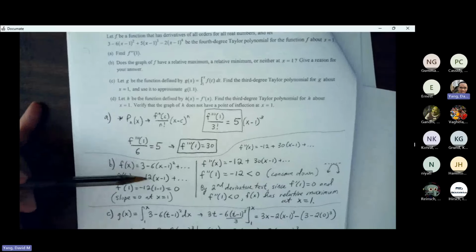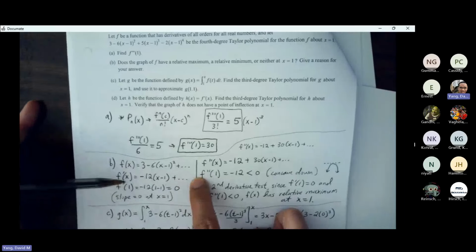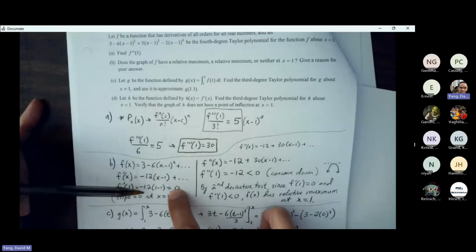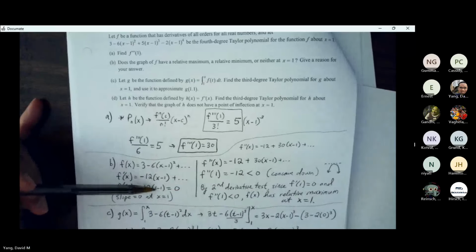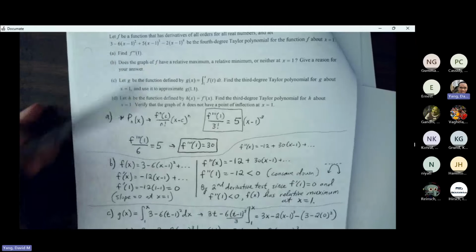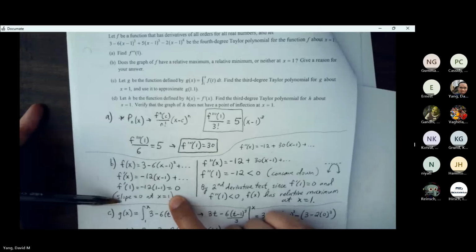F prime of x would be negative 12 times x minus 1 plus, okay, there are more degrees here. But if I were to plug 1 into f prime, I would get 0, because if I plug 1 in for x, everything else will zero out as well. So f prime of 1 is 0. So we know there's a slope of 0 at x equals 1. That we know for sure.